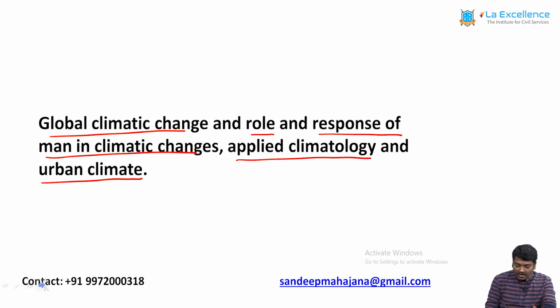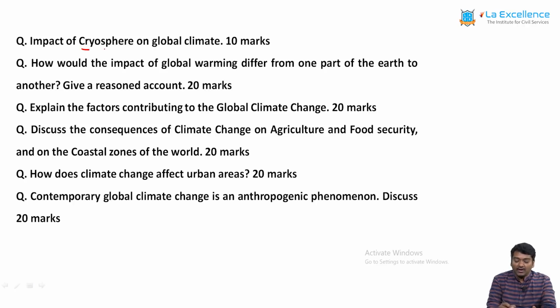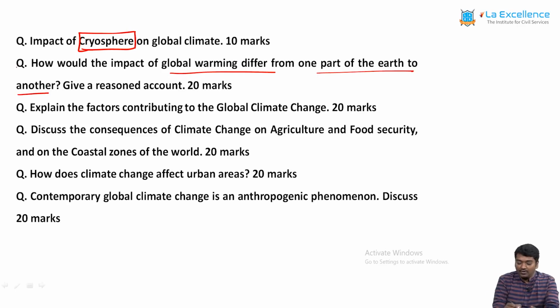So when you look at this particular concept, cryosphere is actually the liquid present in the solid part, and normally they were talking about the poles which were melting. How would the impact of global warming differ from one part of the earth to another?